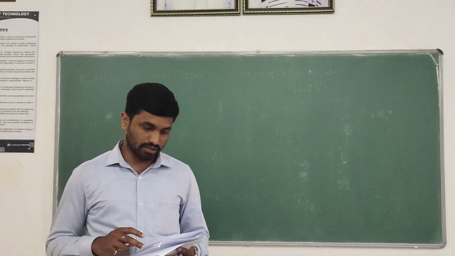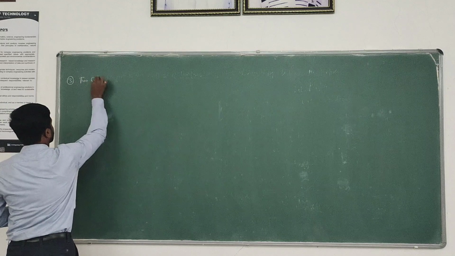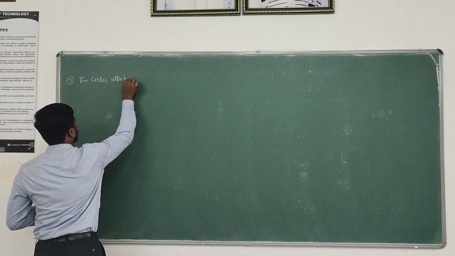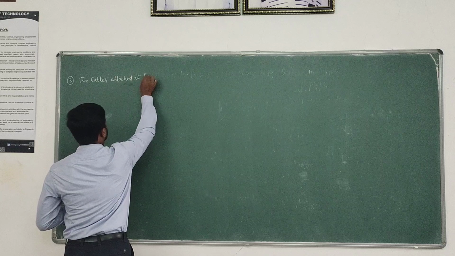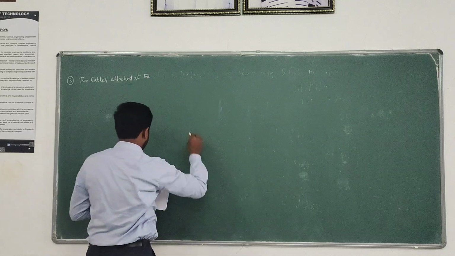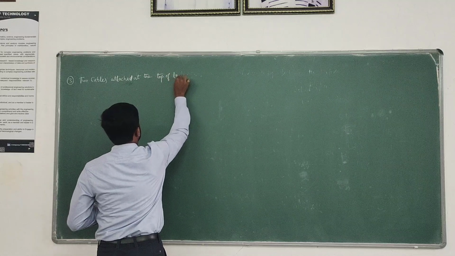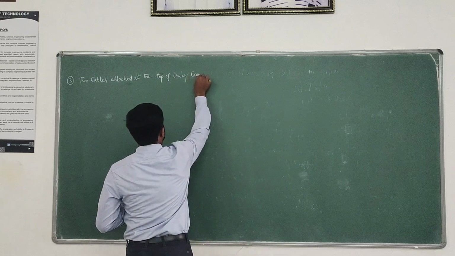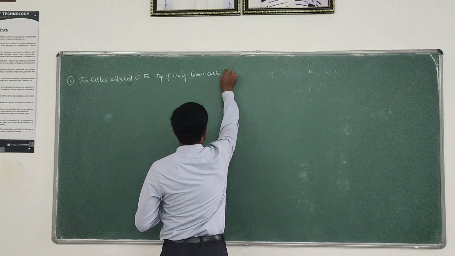So the problem is: two cables attached at the top of the tower carry cable AB.